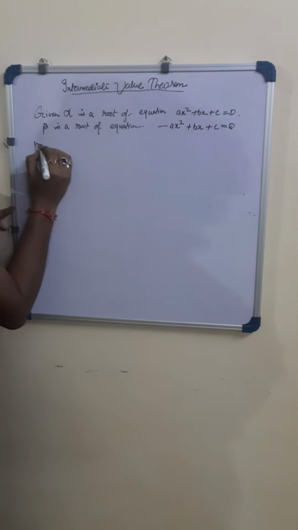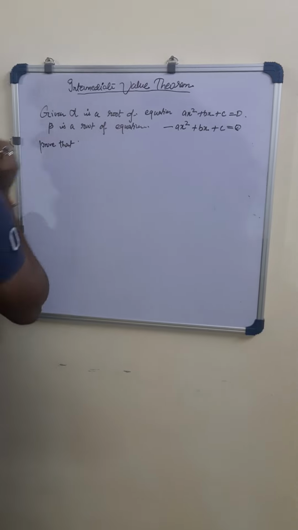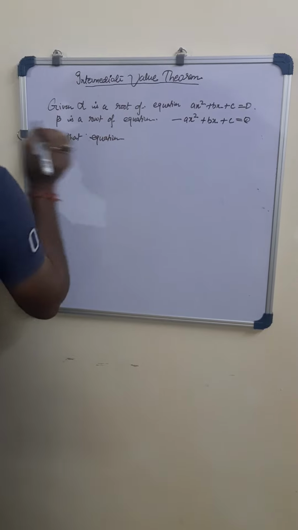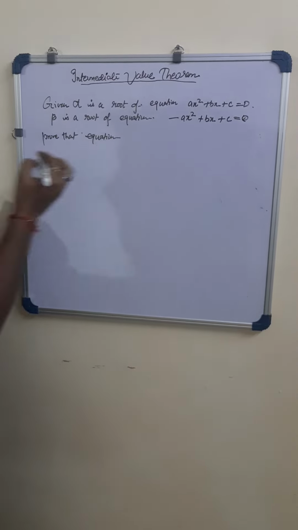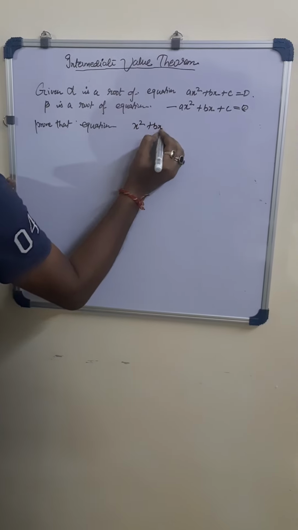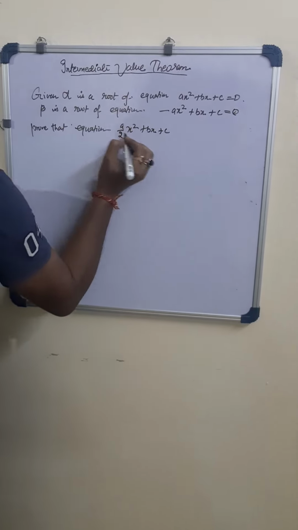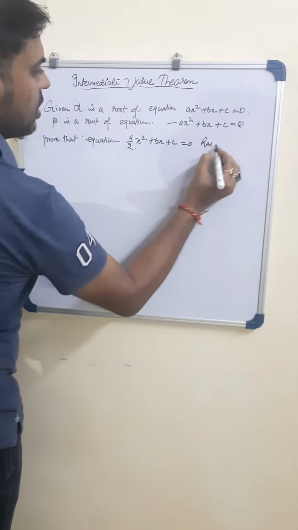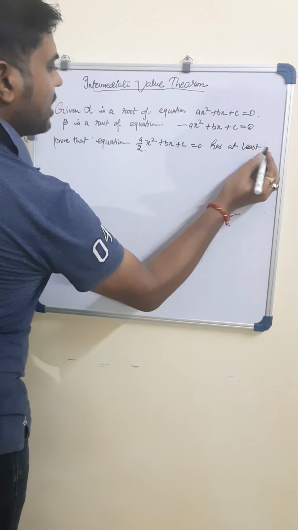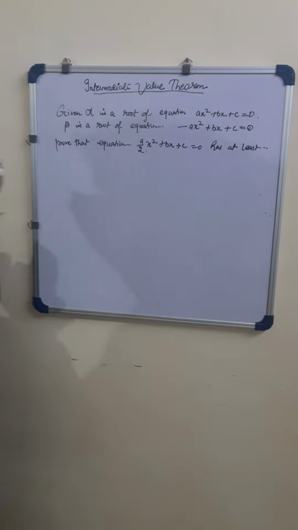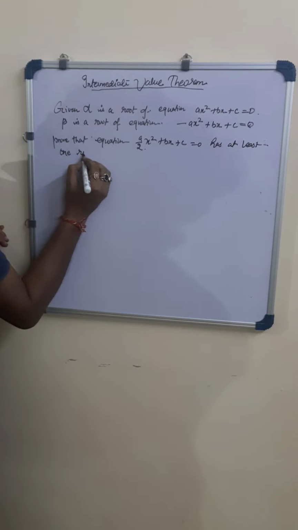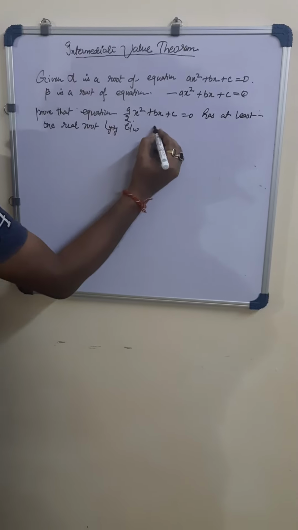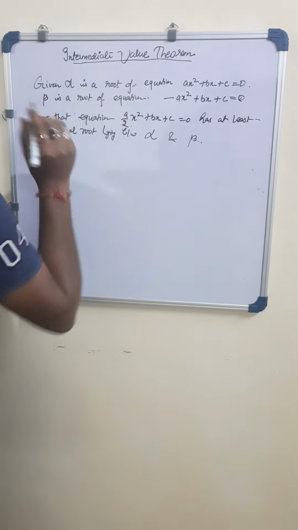Hence we have to prove that the equation a by 2 x square plus b x plus c equal to 0 has at least one real root lying between alpha and beta.